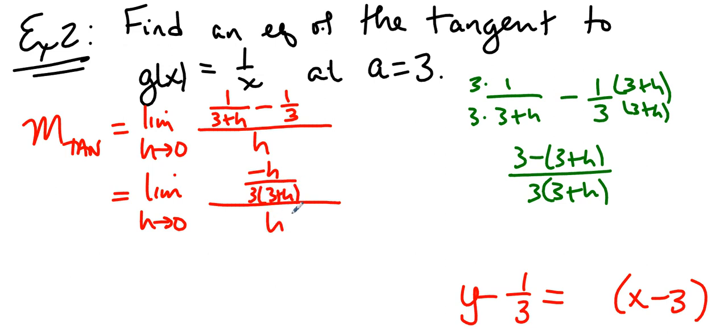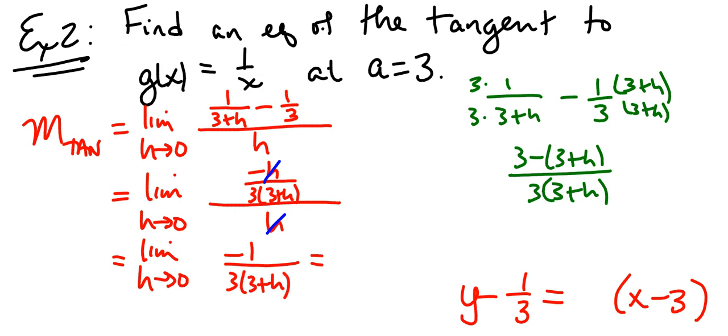You still can't throw the 0 in because those are both 0, but the funniest thing happens: these cancel, and so you end up with negative 1 over 3 times 3 plus h. Then we ask, what happens as h goes to 0? As h goes to 0, this numerator is unaffected, and the denominator is 3 times 3, that's 9.